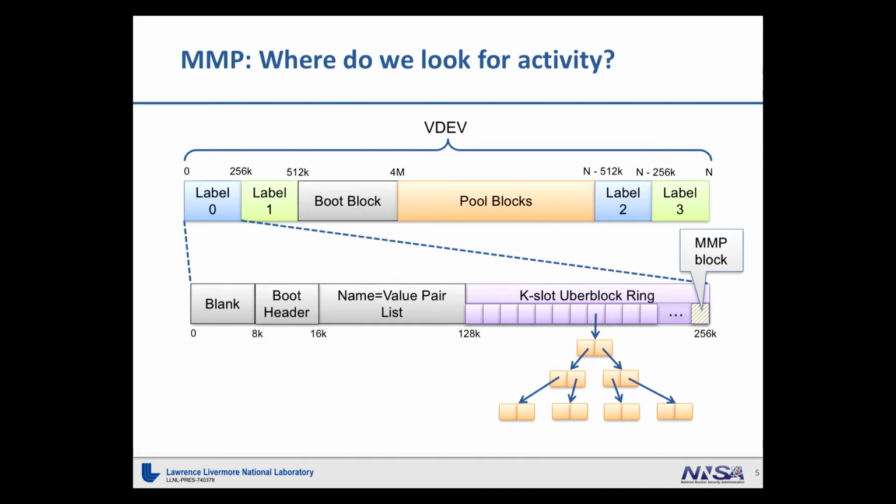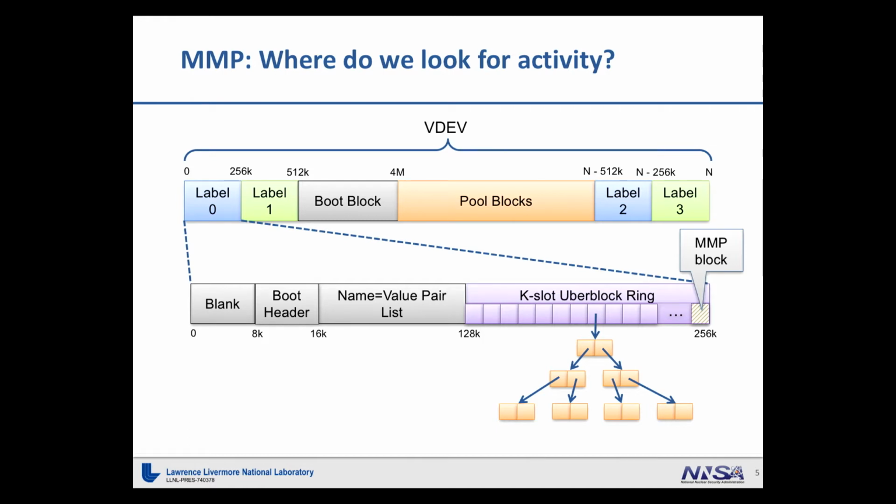We looked at stealing space from the boot block or the boot header or the blank space at the beginning of a label, but we're concerned about interfering with someone else who is also trying to steal unused space. We considered the NV list, the name value pair list that contains the configuration, but it's stored packed on disk, for one thing, and it's more than a sector in size.